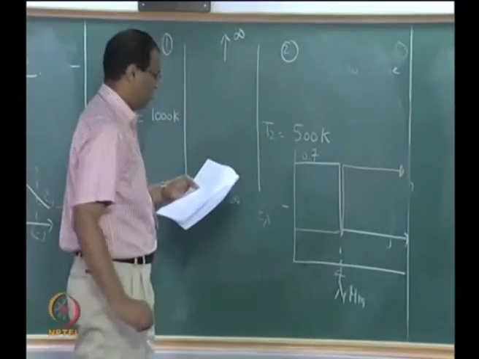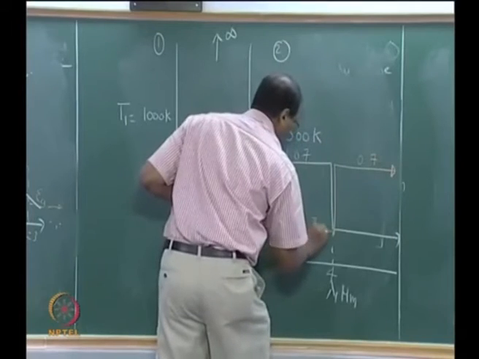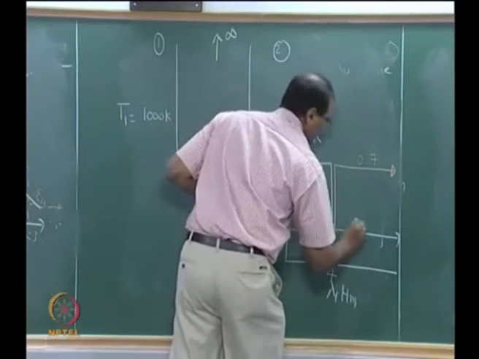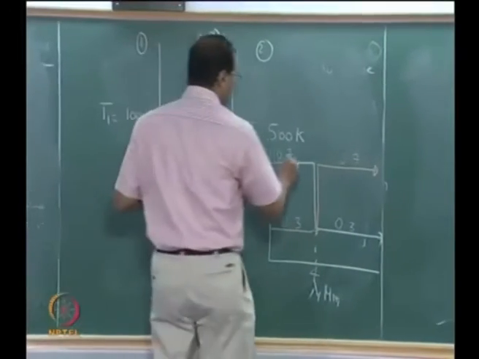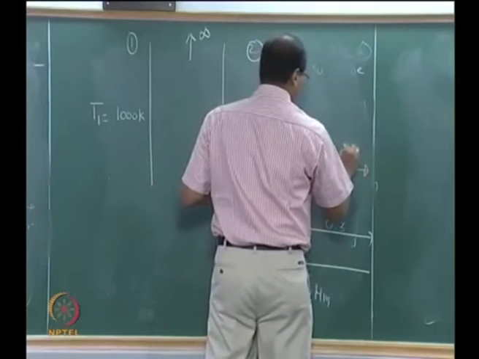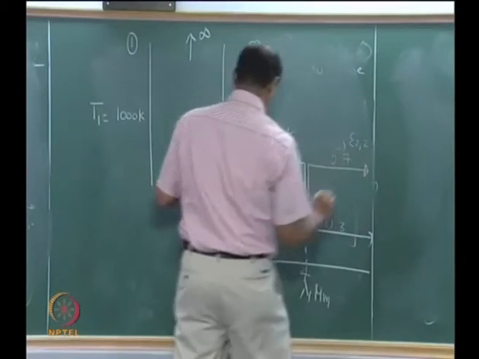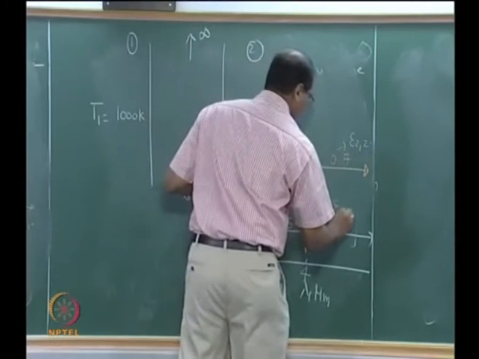Okay, 0.7, 0.7, 0.3, 0.3. So this is epsilon 11, this is epsilon 22, this is epsilon 21, this is epsilon 12.